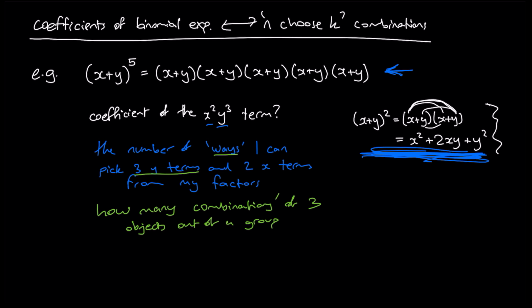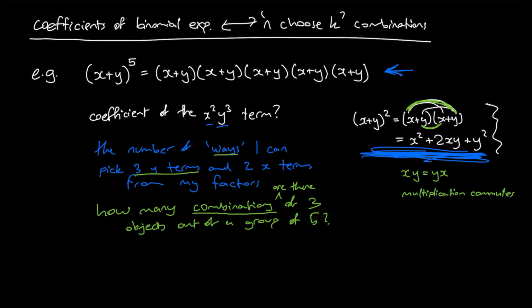How many combinations are there of 3 objects out of a group of 5? And again, it's combinations. The order doesn't matter because, again, in this example, when I picked the x term and the y term, and the y term and the x term, well, xy is equal to yx. In other words, multiplication commutes, which means the order that I pick my y terms doesn't matter.